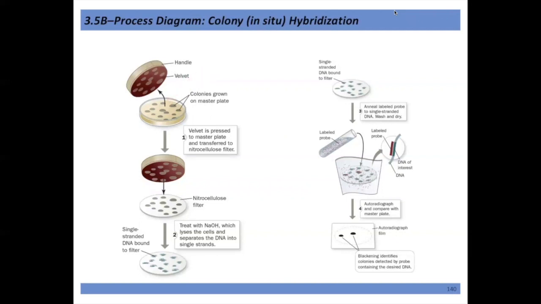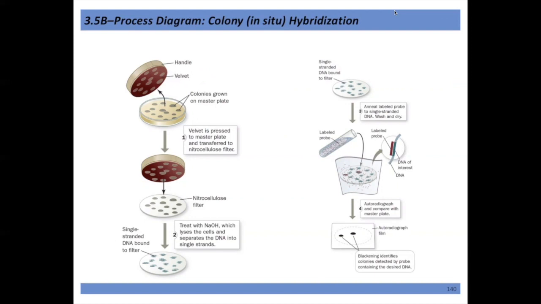Now, you're not sure which of these colonies may have that sequence, or this may be a case where you've inserted lots of different sequences into many different colonies, and you're going to want to find the colony that has a specific sequence.